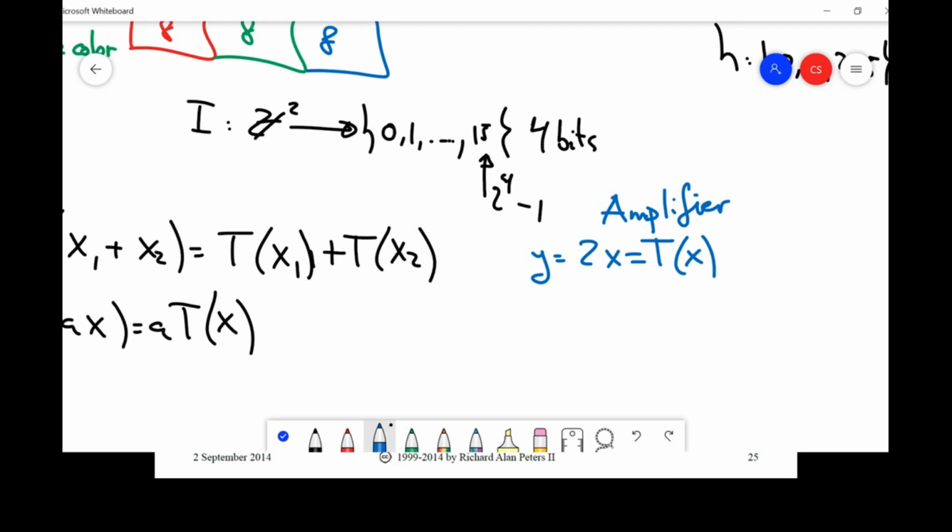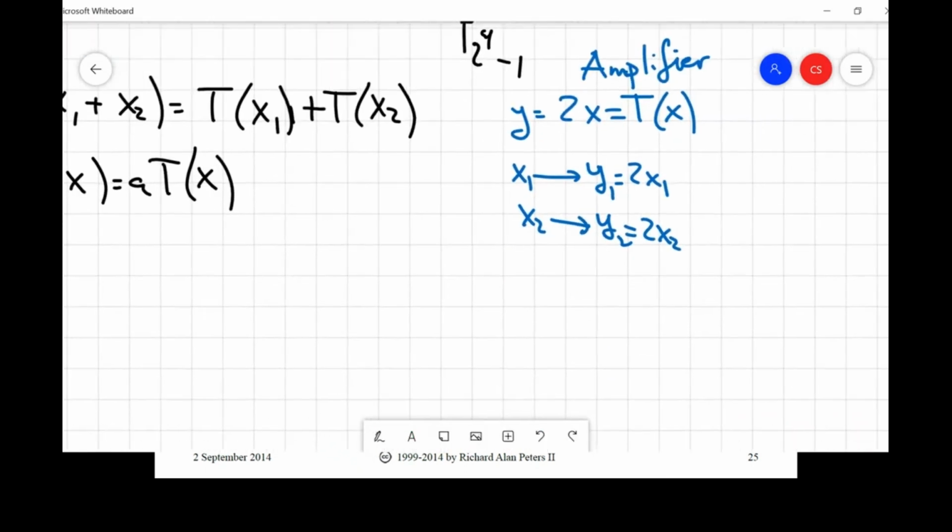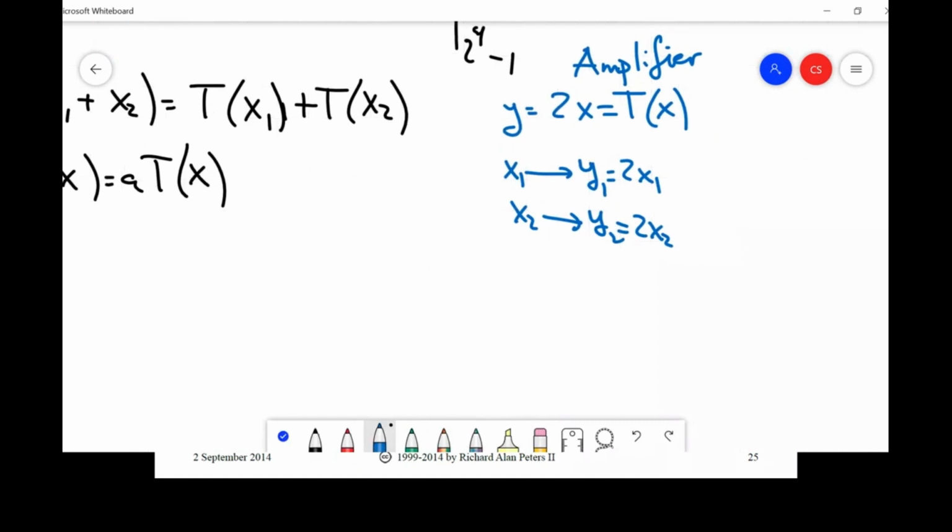Let's say that I have x1. So x1 is transformed by this function into y1, that is 2x1. I have x2, that is transformed into 2x2. And then I have another one, x1 plus x2, that is x3, this is another signal.